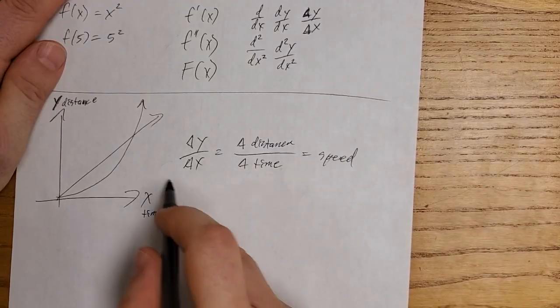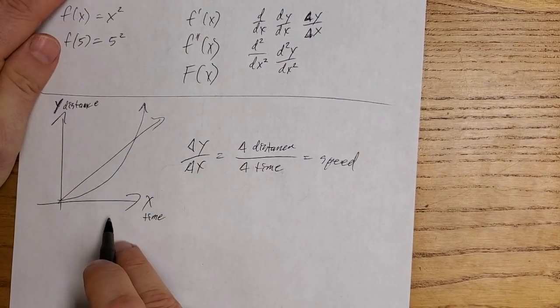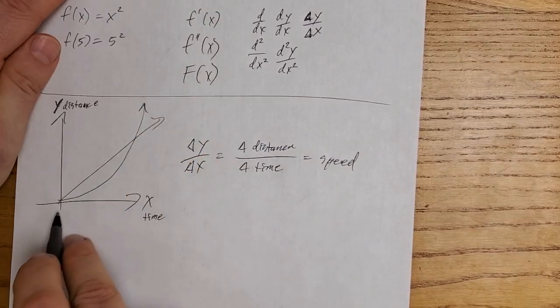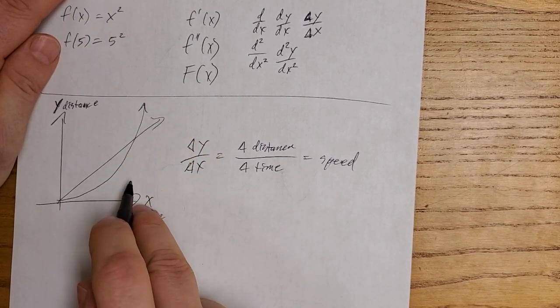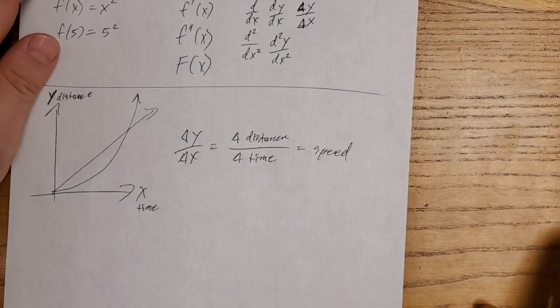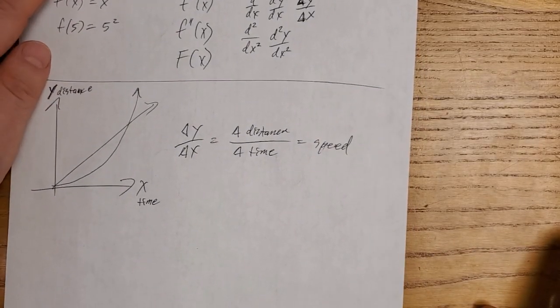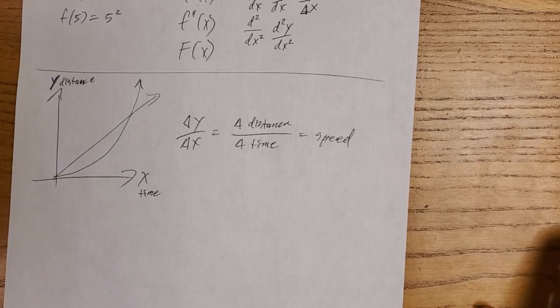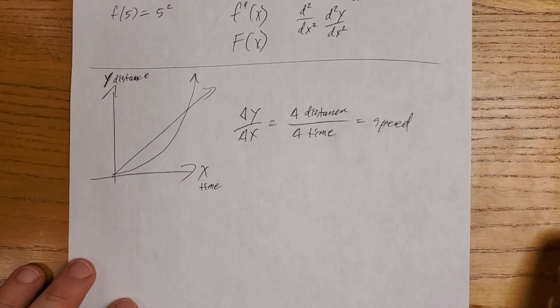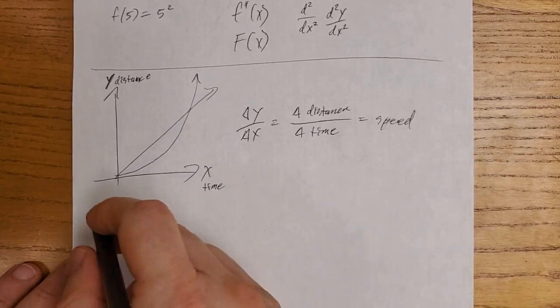So when you're talking time and distance, the first derivative is your speed or your velocity, and your second derivative is acceleration. And that's physics, and that's what a lot of calculus was developed to help do, that kind of physics stuff.